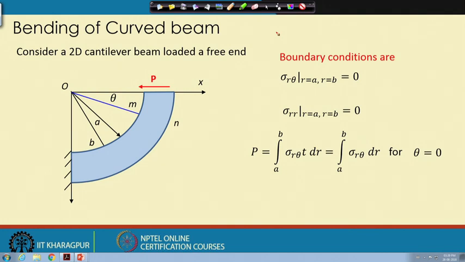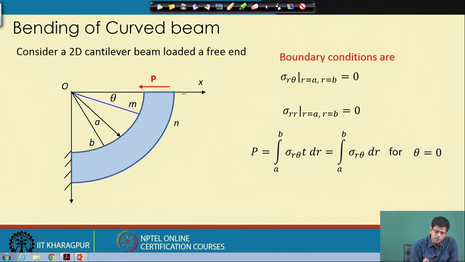Now, next, what we have planned is the 2D cantilever beam, which is a quarter of a circle. This cantilever beam is fixed at this end, and there is a force, the shearing force resultant along this line, which is P. This is similar to the cantilever problem we solved in the rectangular, meaning straight, case.